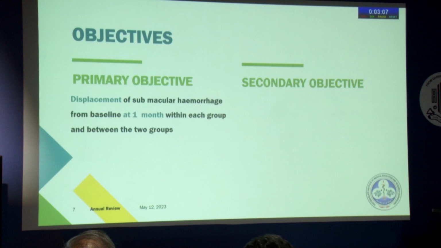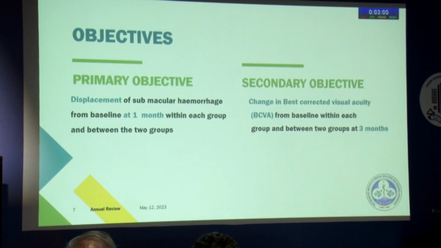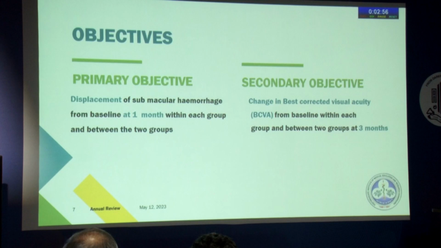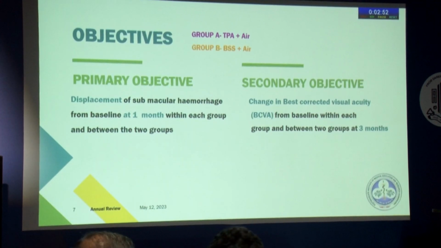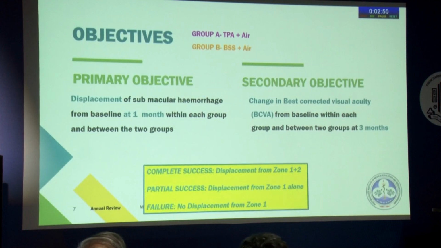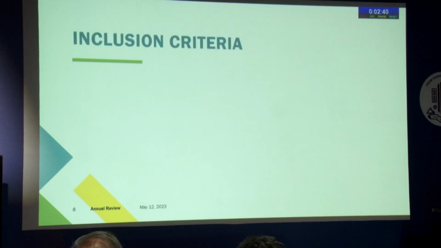The primary objective was to see the displacement of hemorrhage from baseline at 1 month, and the secondary objective was to see the change in BCVA from baseline within each group and between the 2 groups at 3 months. The eyes were divided into 2 groups. The outcome was assessed in terms of complete success, partial success, or failure, in which when the hemorrhage displaced from both zone 1 as well as zone 2, it was termed as complete success.